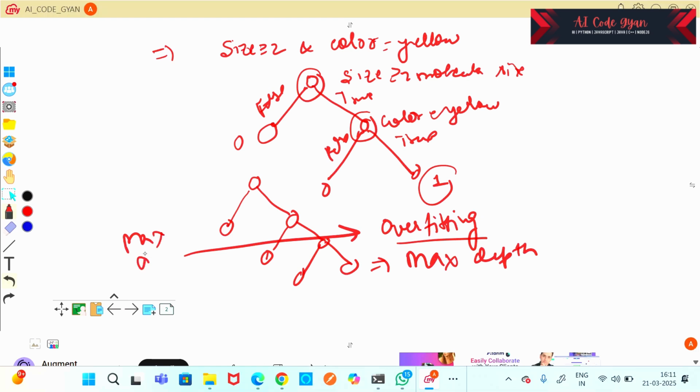Maximum depth is the depth of the tree which is considered for the calculation, but because of which a bias problem is added. So now to overcome this, what do we use?